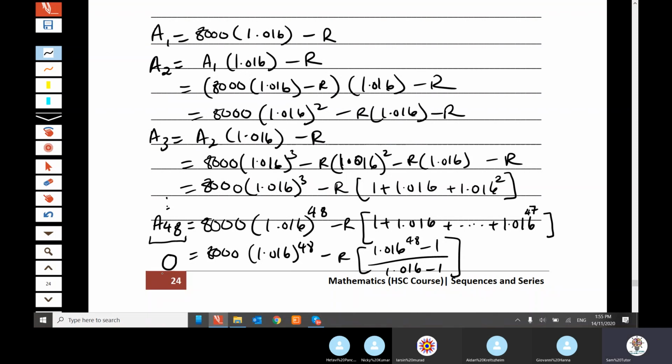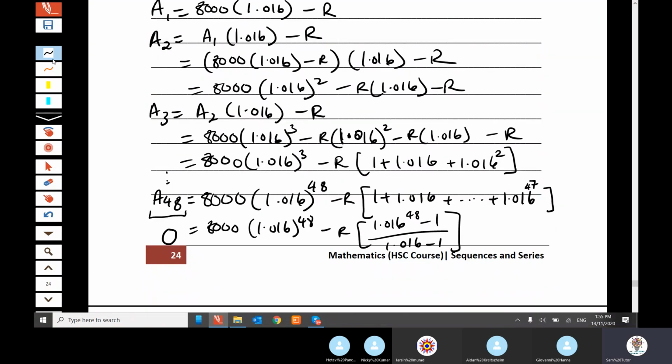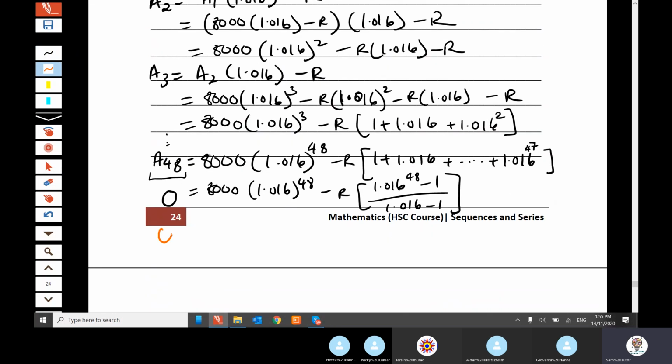And then you can see you're just solving for R. Now, to not complicate things, I'm just going to rewrite this as letters. So 0 equals A minus R B. Just wait, just listen to me. Can you guys see that if I add the R B, it's going to look like this.